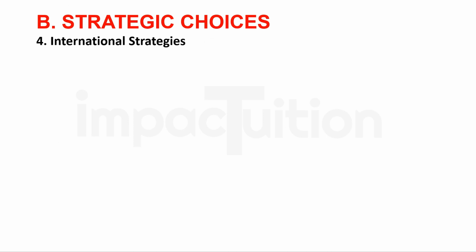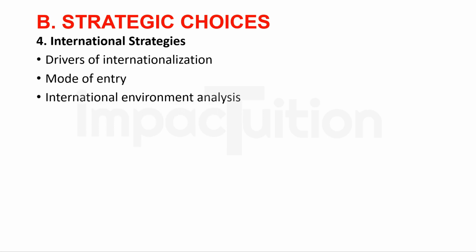Then we will end our strategic choices with international strategies. We will discuss the drivers of internationalization, the mode of entry, international environment analysis, where the Porter's diamond will come in, management orientation, we have 4 of them: ethnocentric, geocentric, polycentric, regiocentric.